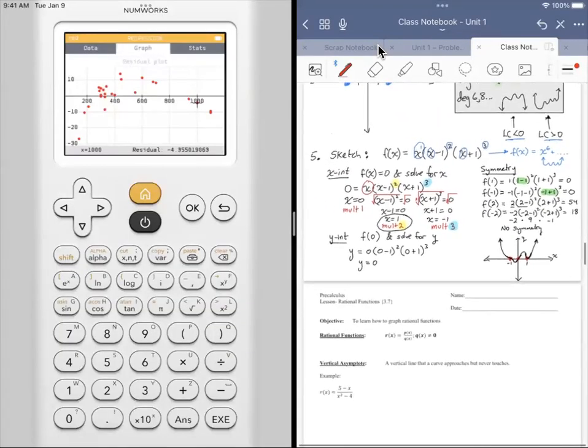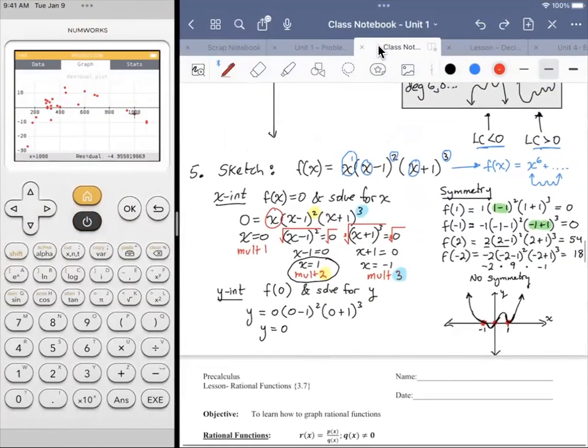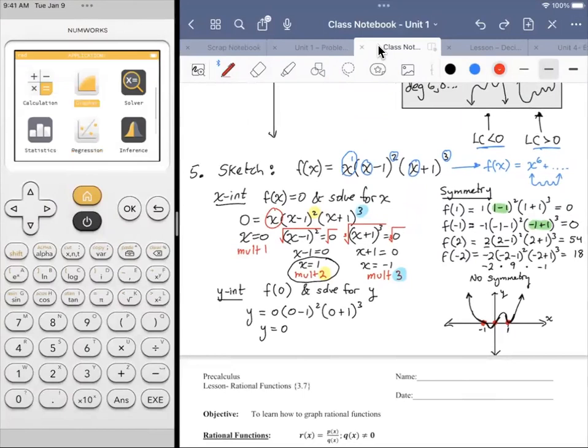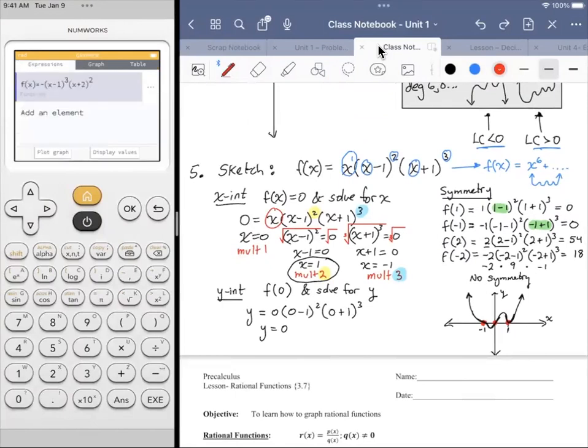Apologies for the jarring screen movement here. If I go into my graph, no, it's a different problem. I was like, am I that lucky that I actually have the right one in? But no, I could just modify this one.